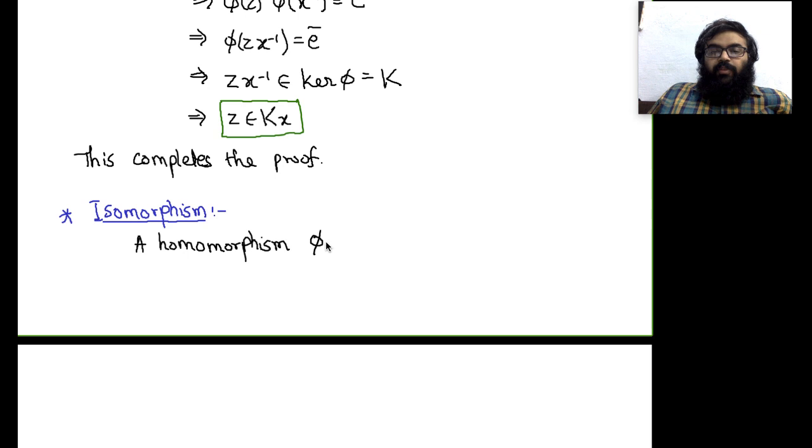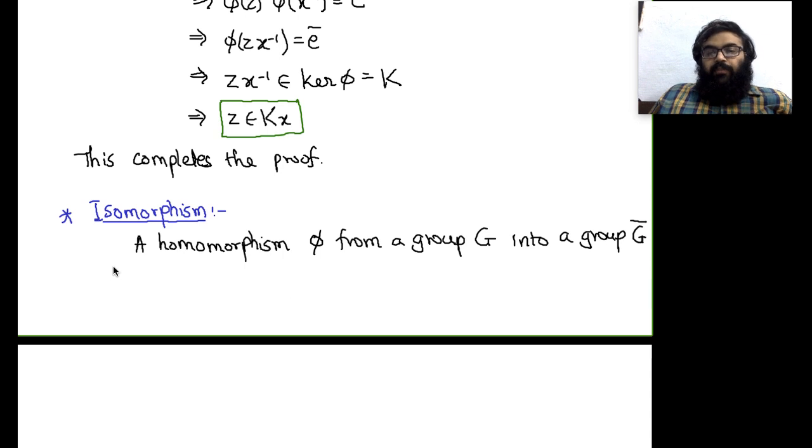Suppose we have homomorphism phi from a group G into a group G bar.